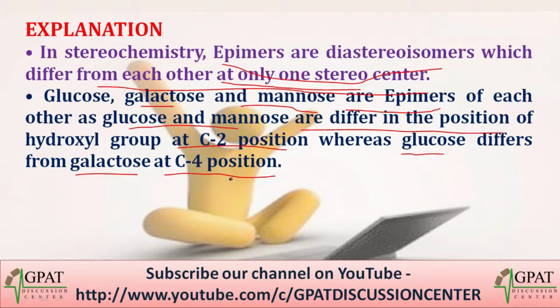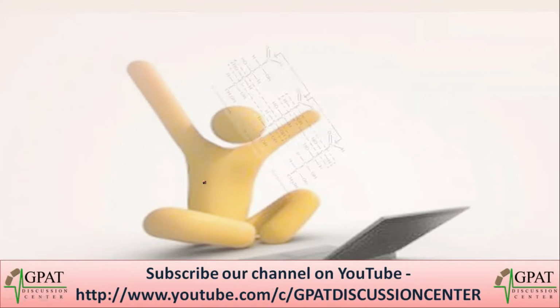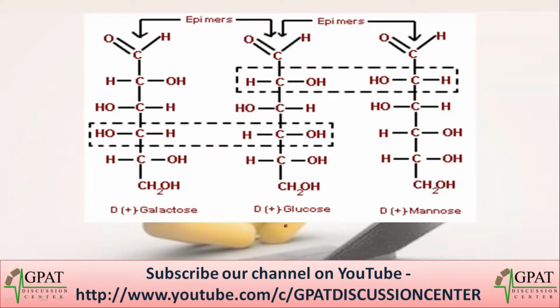Students, let's discuss with the help of the structure. Glucose and mannose differ at the C2 position. It's carbon 2, and they differ at the C2 position in the hydroxyl group, and galactose and glucose differ at the C4 position.